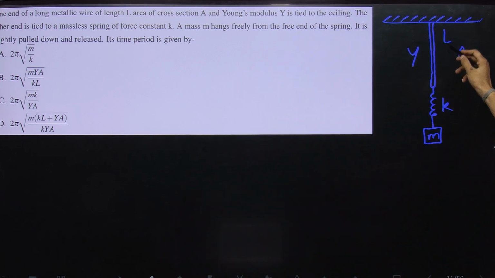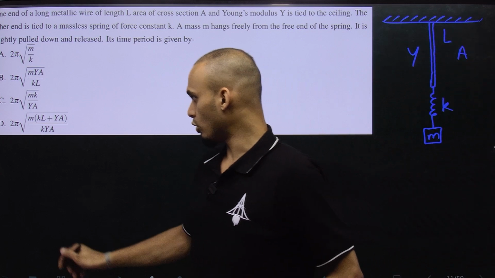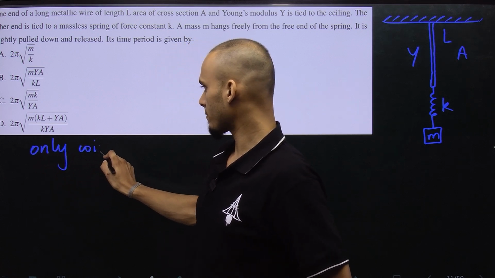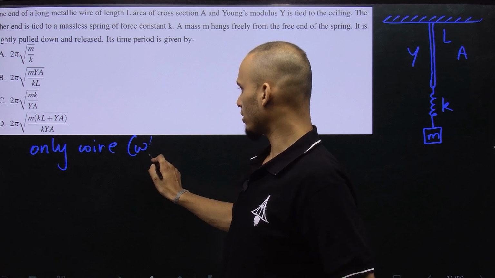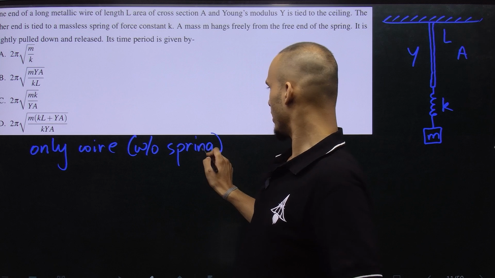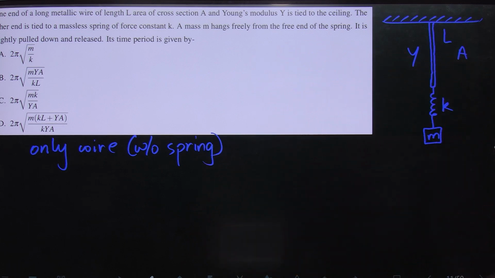We can assume that there is no spring in our system. Let's say there was only wire. So for only wire in our system, without the spring, we can consider that any force applied on it will cause some strain of x.